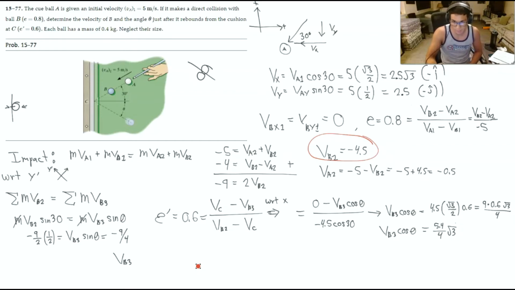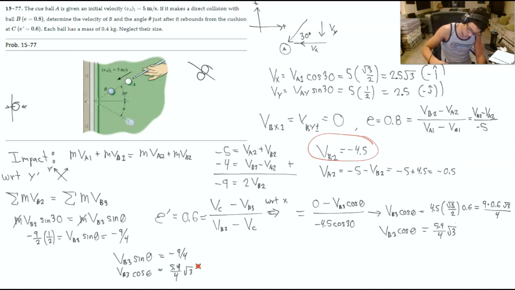We can kind of combine things here. So we can do VB3 sine theta equals negative 9 over 4. And then we can also do VB3 cosine theta equals 5.4 square root 3 over 4.